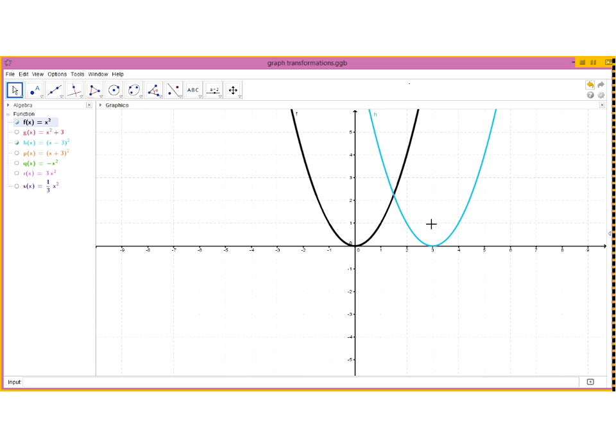If I look here, 1, 2, 3, and this point, 1, 2, 3. So each point is moved over 3. So x minus 3 squared moves x squared 3 to the right. We look at the orange graph here. This is x plus 3 squared, and it moves it 3 to the left.